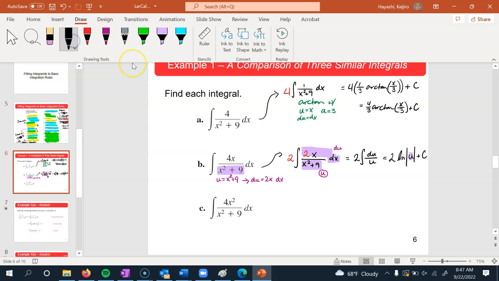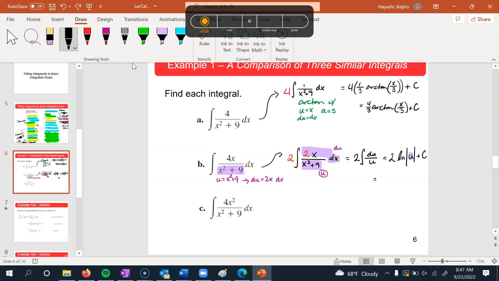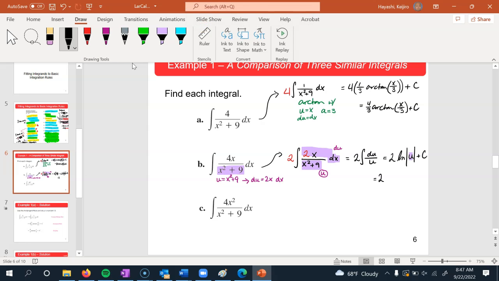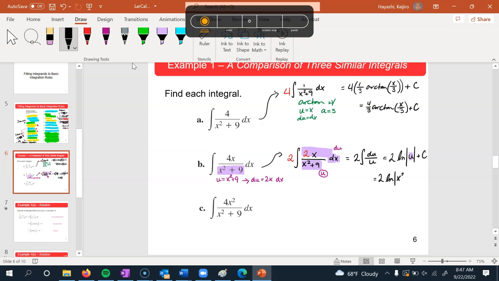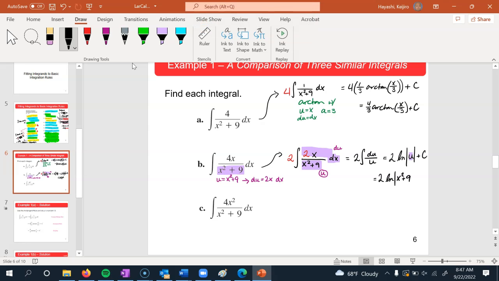And after you integrate, you are free to switch u back into terms of x, which, you're not just free to, you should. So that's 2 times the natural log of that x squared plus 9, because that was what u was.